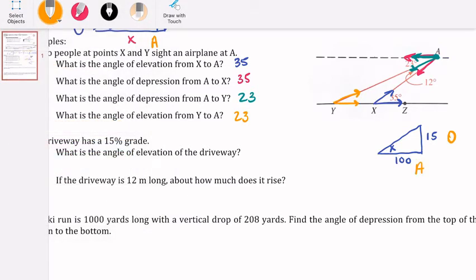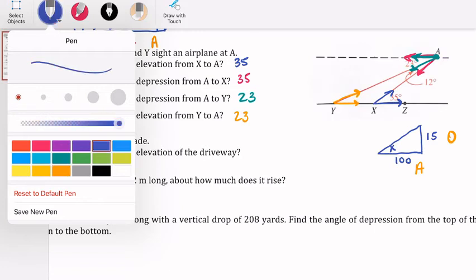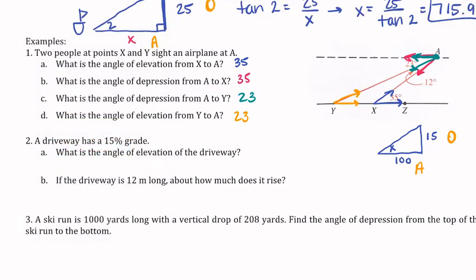O and A means we need to use inverse tangent. So inverse tangent of 15 over 100 equals, and just plug that into your calculator. It is going to be approximately 8.5 degrees.